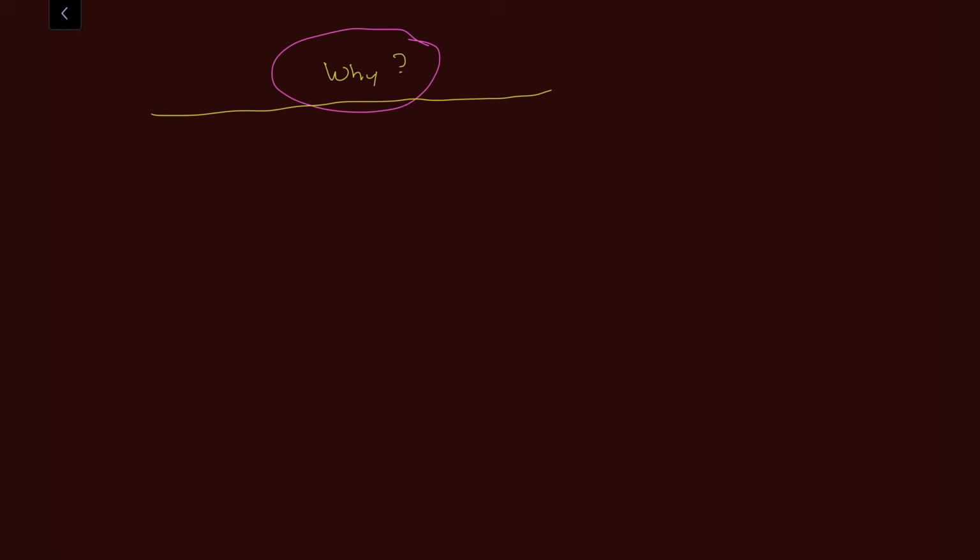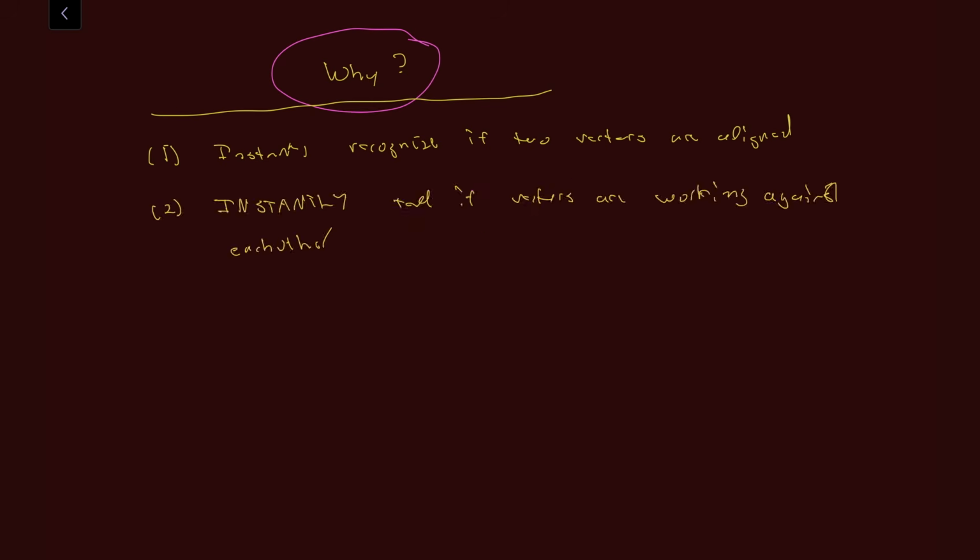Now, I want to take some time to really make it clear why this is so powerful. Number 1, you can instantly recognize if two vectors are aligned now without having to do any calculations. Number 2, you can instantly tell if two vectors are working against each other now, aka they're misaligned, without having to do any calculations.